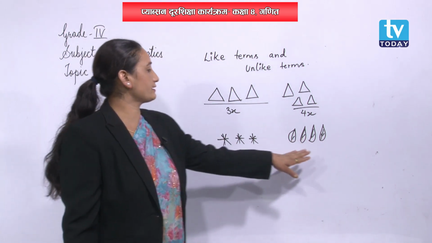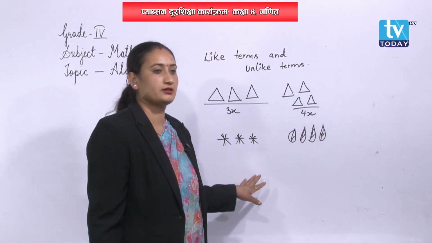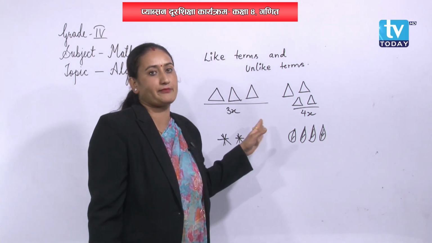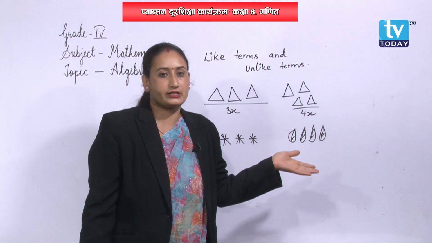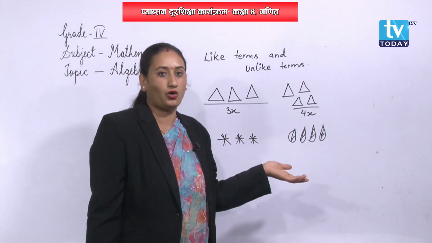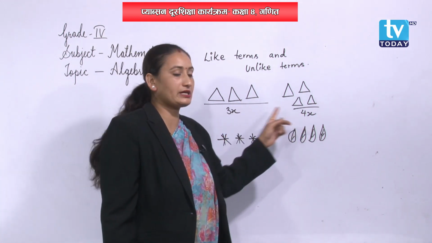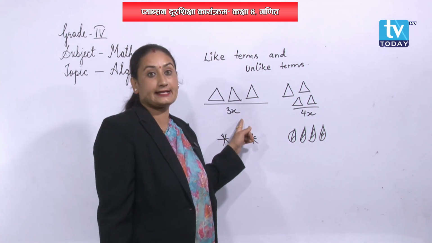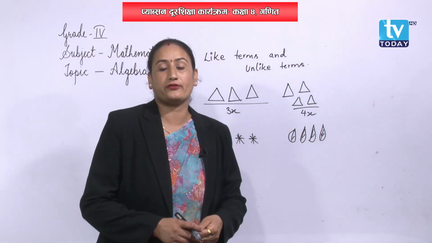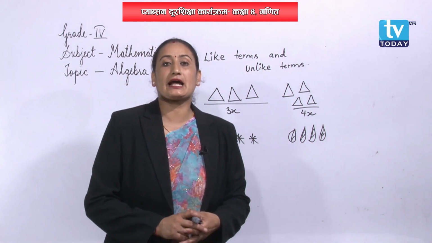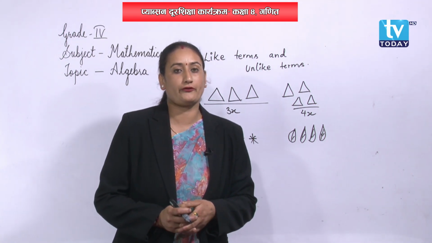Okay, are they the same pictures? Triangle and triangle, they are the same picture but the numbers are different. So it doesn't matter if the coefficients are different over there. Okay, but can you see the base? X and X, yes, this base X and X are the same over here. So numbers being different doesn't matter, but whether the bases are the same or not, you have to look for it.